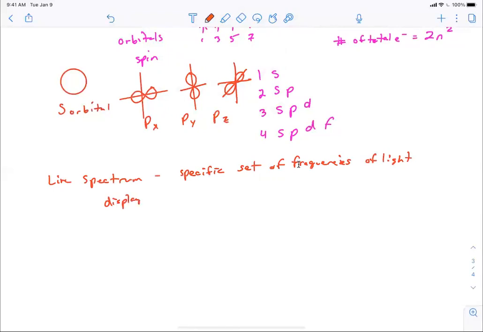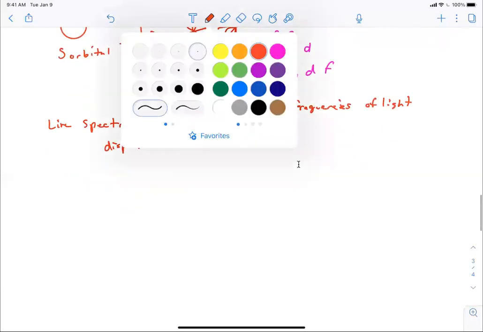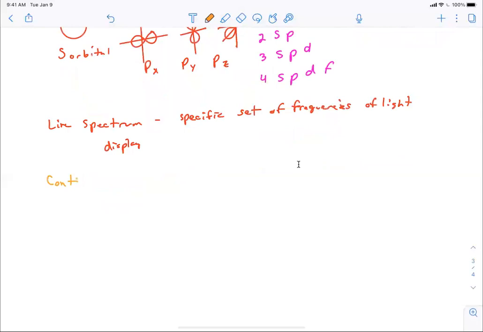So this is what happens when each element gives off its own light. There's only fixed lines that you see. Now, it varies on the number of lines you see, but it will be specific distinct lines that you can see in there. Whereas a continuous spectrum is all frequencies of light.